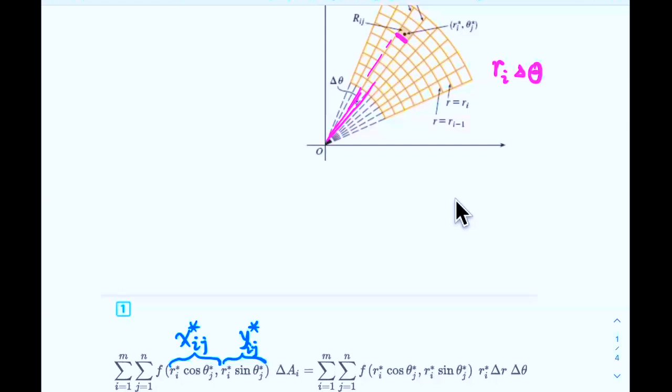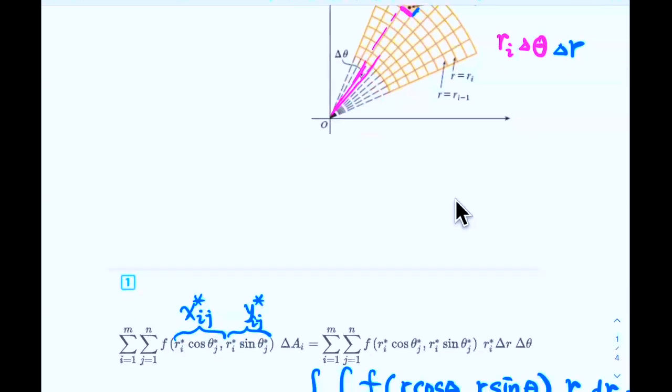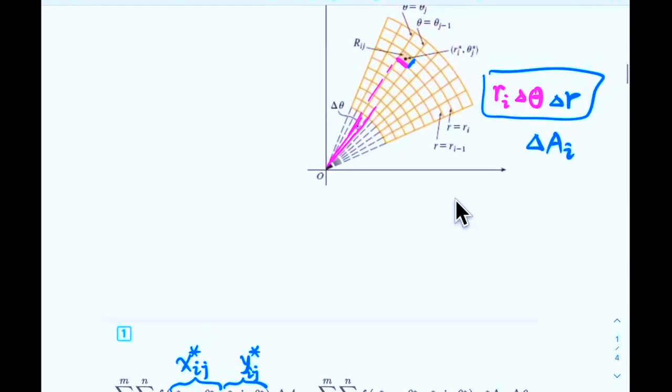So that will be this. Think about that part. This arc length is about this. It's like a circle, and this is kind of like a rectangle, and then you multiply by the length of this, which is the change in r. So you times this change in r, delta r. So this part over here is the delta A i. The pink one is this one. The delta A i is this, and it's the area of this. So you got that.